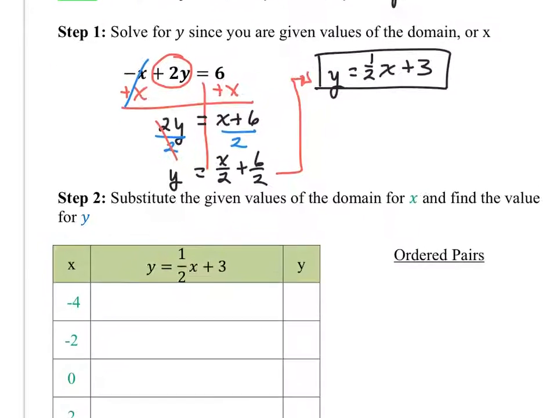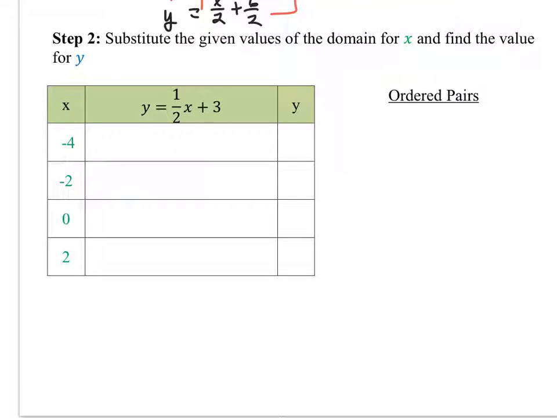So then we're going to use an input-output table to find the values for y, now that we've solved the rule for y. So these are the domain values that we were given. We're just going to plug them in here and come out with our y values. So I'm going to do y equals 1/2.